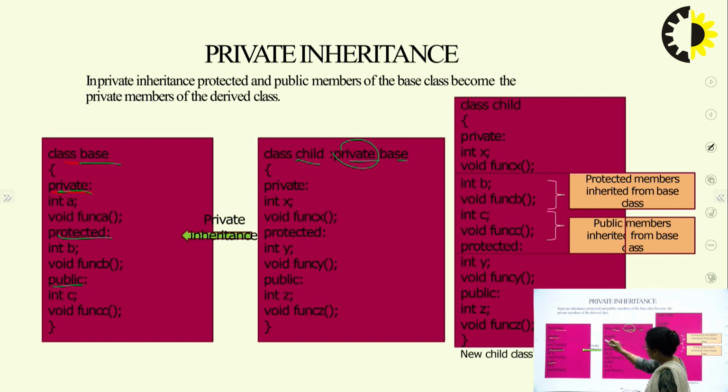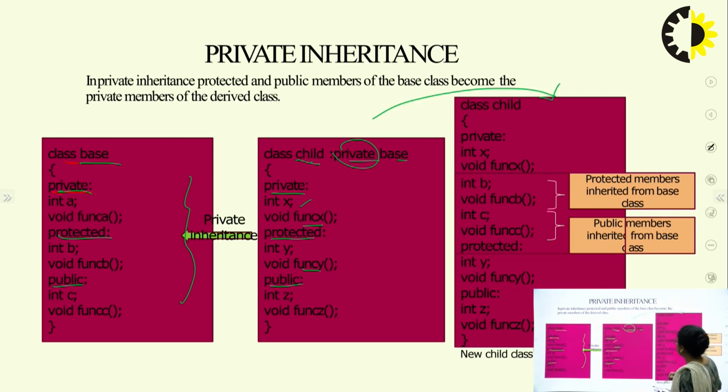In addition to whatever is inherited, these are the extra features of the child class: its private members, protected members and public members. Like in private, we have integer x as a member and func x as a member function. In protected, we have y as a member variable and func y as a member function, and so on. Now, after this inheritance, what exactly happens?